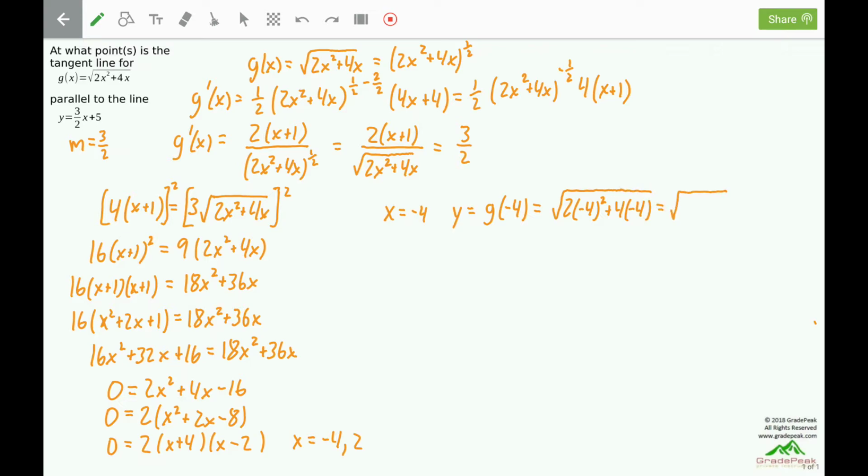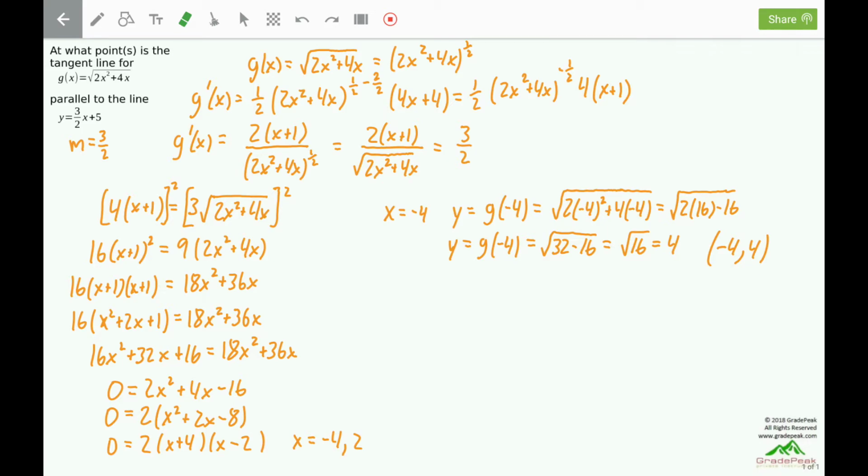So we will have the square root of 2 times negative 4 squared, which is 16, and then 4 times a negative 4 is a negative 16. Two times 16 is a 32, and then minus the 16. So we end up with the square root of 16, which is a 4. We have an x-coordinate of negative 4, and a corresponding y-coordinate of positive 4.